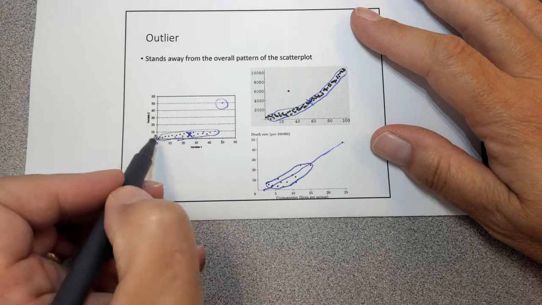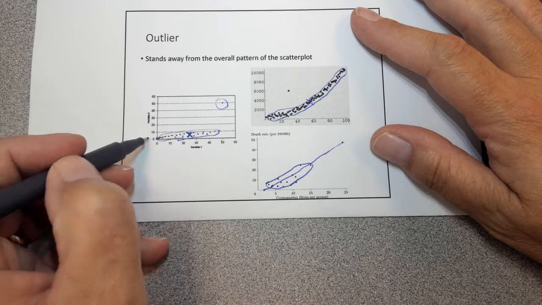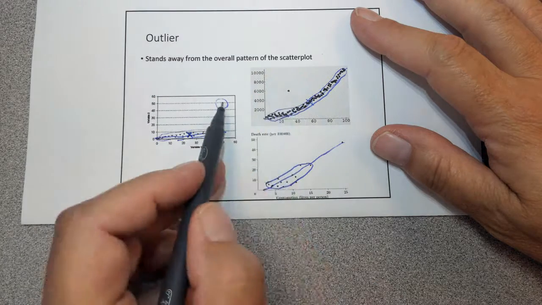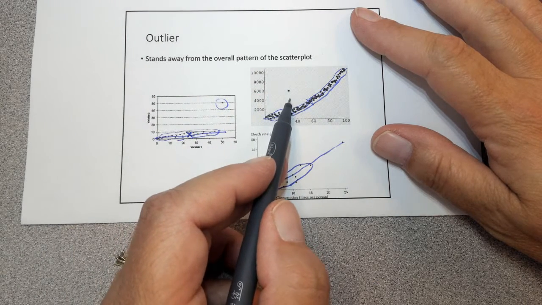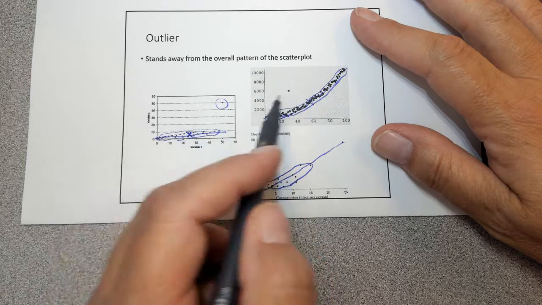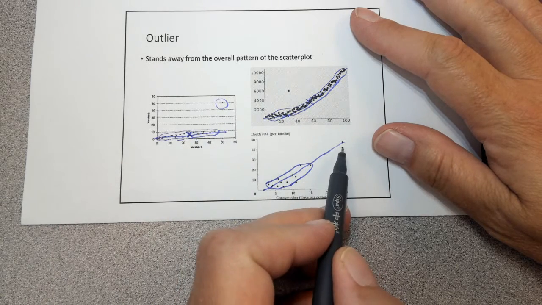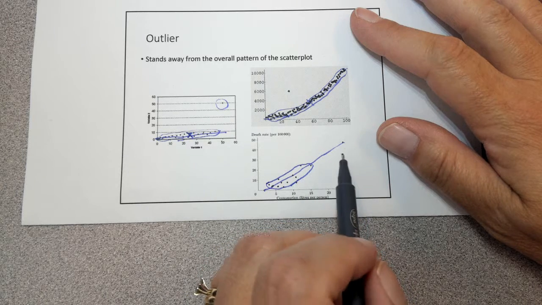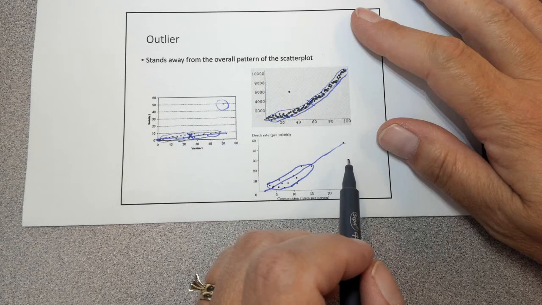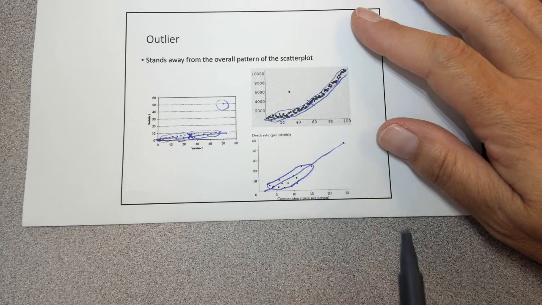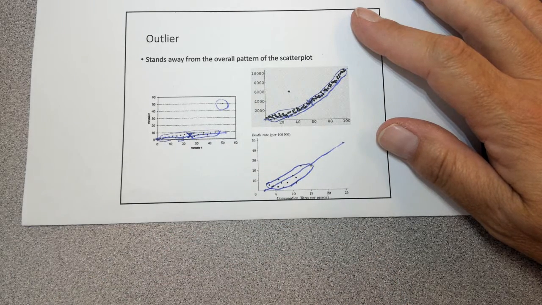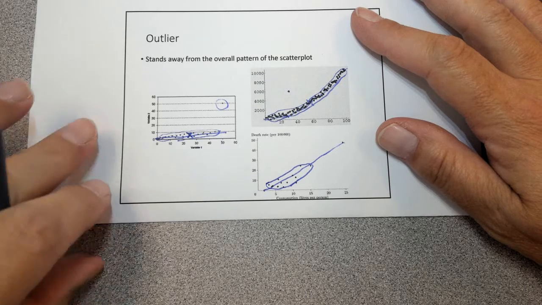The rest of these really depart from the overall pattern, so they give us a different kind of trouble than this guy right here does. There will be a whole chapter, chapter 8, about what kinds of trouble each of those cause and how to appropriately talk about them. For now, we just want to say those appear to be outliers. Those are unusual and different from the rest of the points.